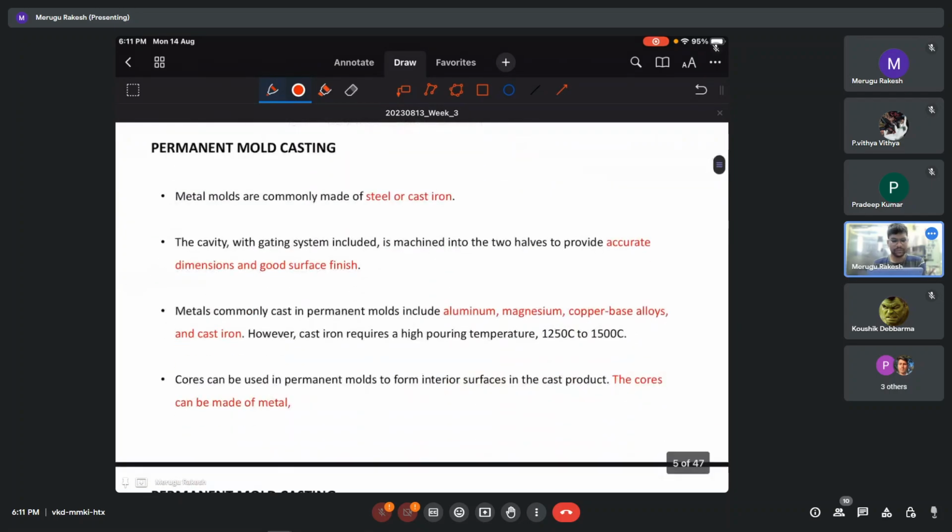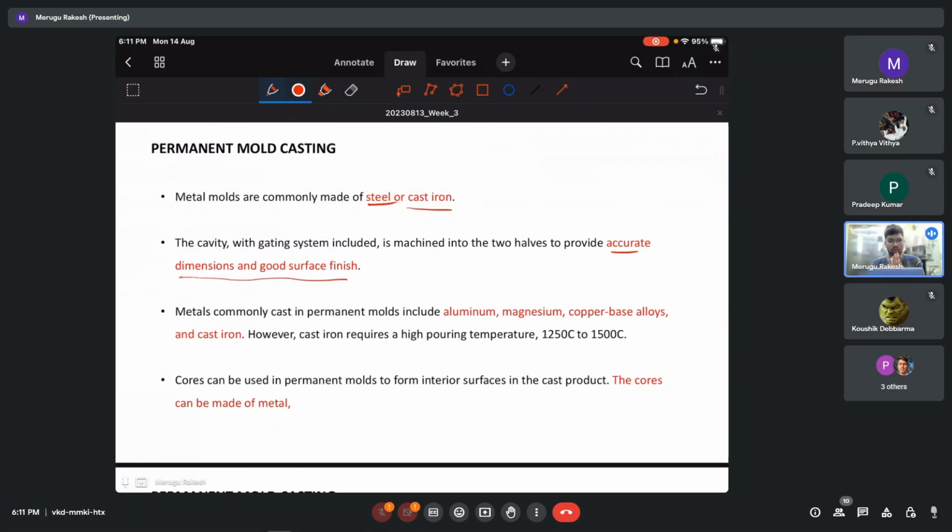Then let us see a brief overview of permanent mold casting. Mainly, molds are made of steel, generally, or cast iron. The cavity with the gating system included is machined into two halves, providing accurate dimensions and good surface finish. Basically, in permanent mold casting, a kind of disadvantage is that we go for simple parts which we can open and remove.